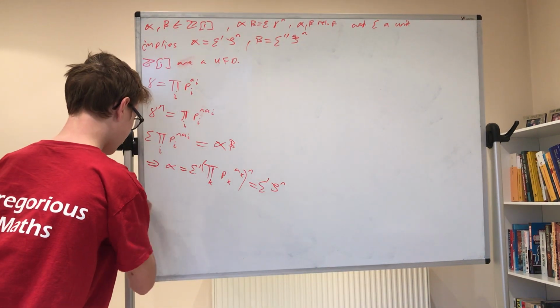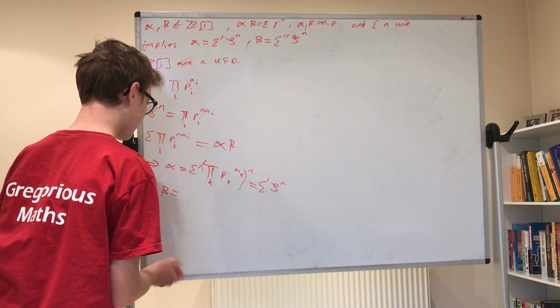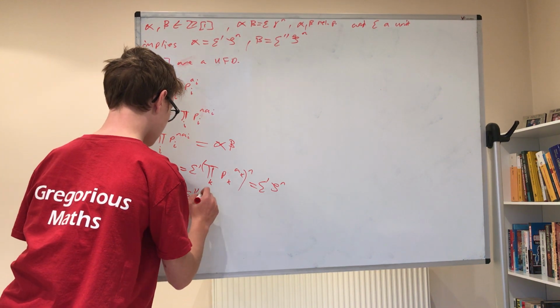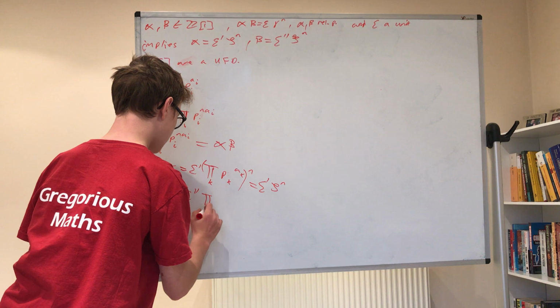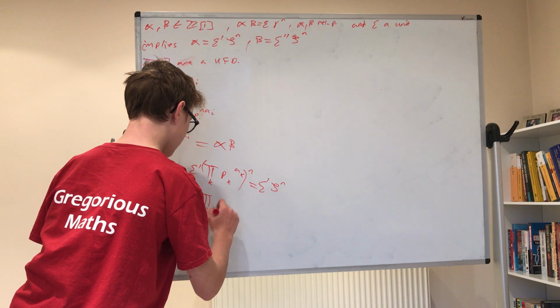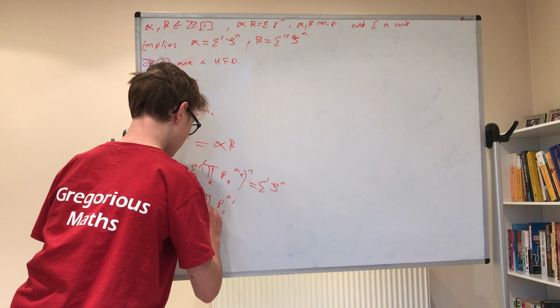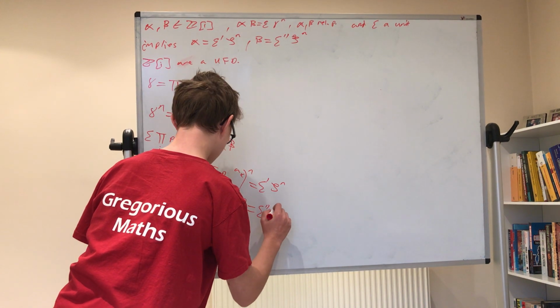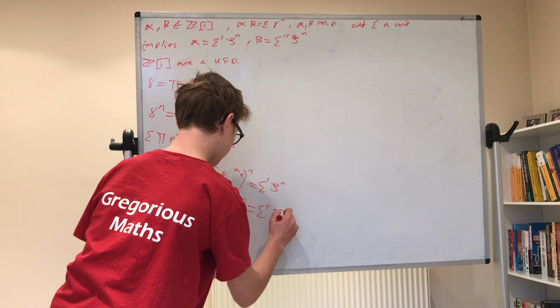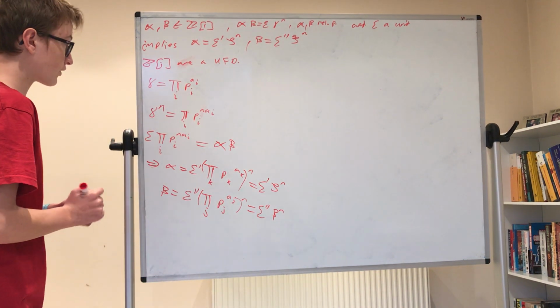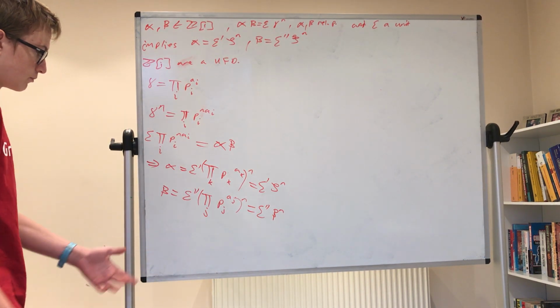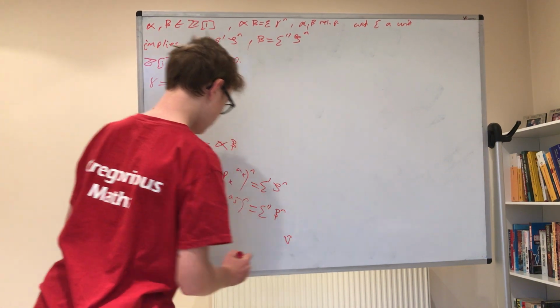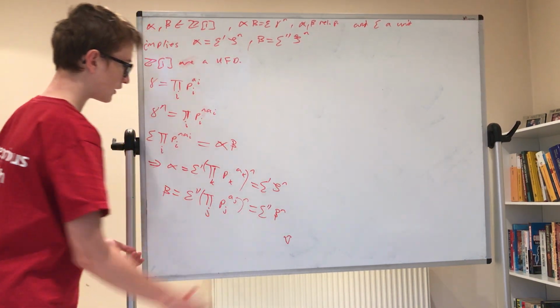And we're going to have beta equal to epsilon double prime times the product over some j of pj to the aj, to the n, which is equal to epsilon double prime times some element to the n. Like so. And that completes the proof. You always have to be careful with units.